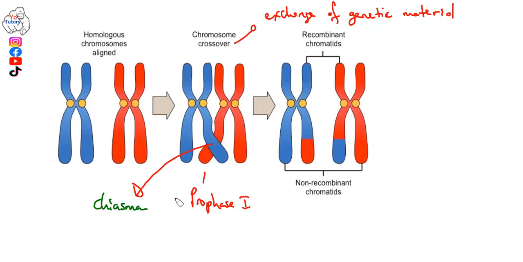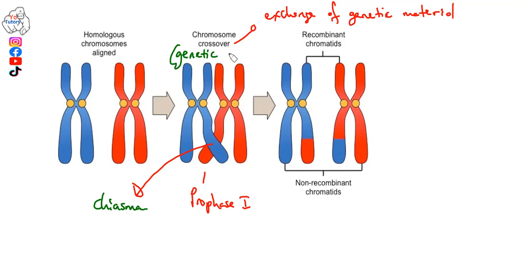This crossing over leads to genetic variation, which is very important in organisms, because that is what gives the uniqueness amongst siblings, and also to the offspring from their parents individually.